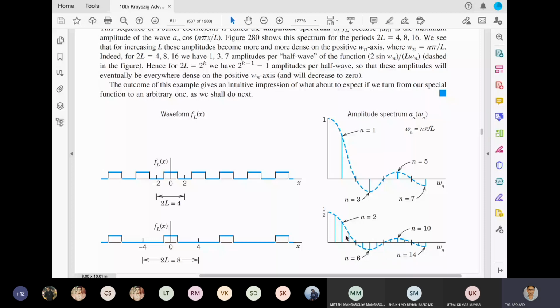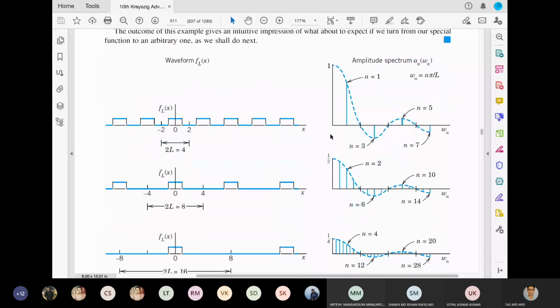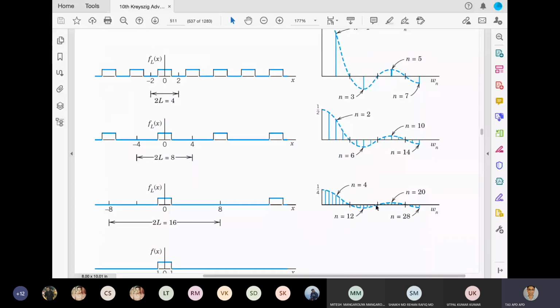But notice that the value of the amplitude is going down, while the number of amplitudes is increasing. Similarly, if you increase to 2L equal to 16 and take the amplitude spectrum, then you have 7 amplitudes per unit half wave.